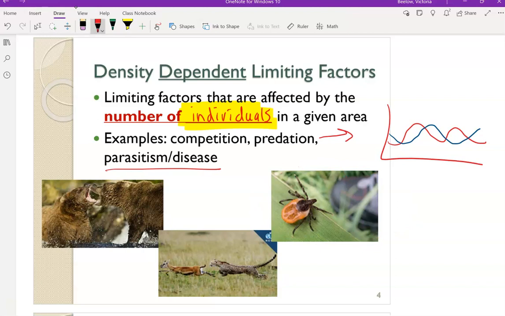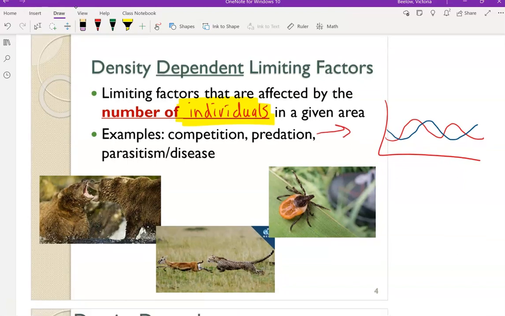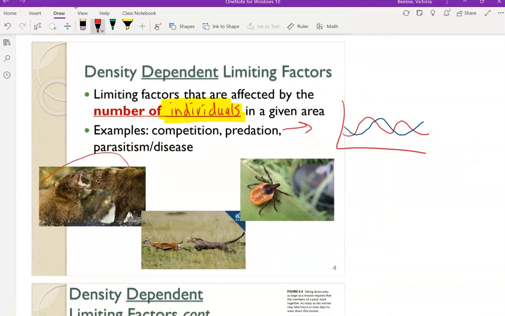So these factors depend on how many individuals you have in that area, and that impacts how many potentially can live there. Usually this keeps population sizes down because organisms are competing with each other, competing for prey, or potentially being harmed or even killed by parasites.